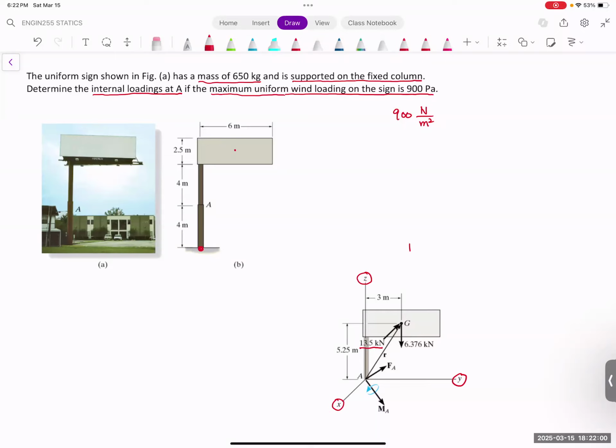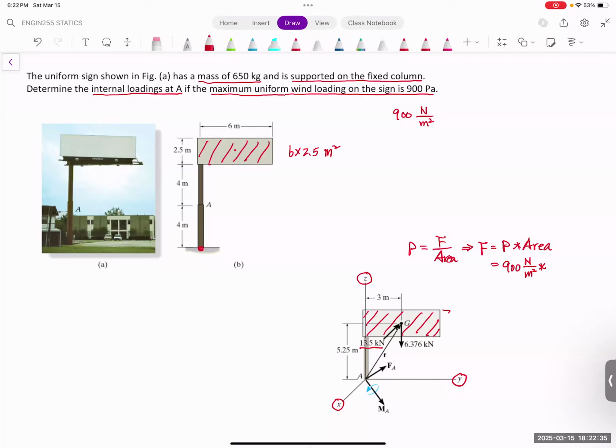Pressure is equal to force divided by area, and we need the force. So our force is going to be equal to pressure times area. The pressure is equal to 900 Pascal, and the area is this area, which is 6 times 2.5 square meters.